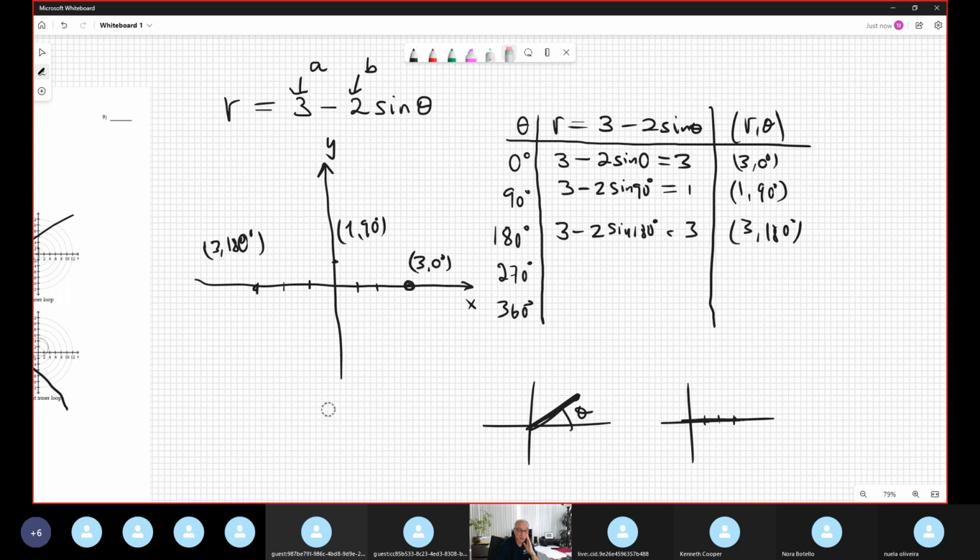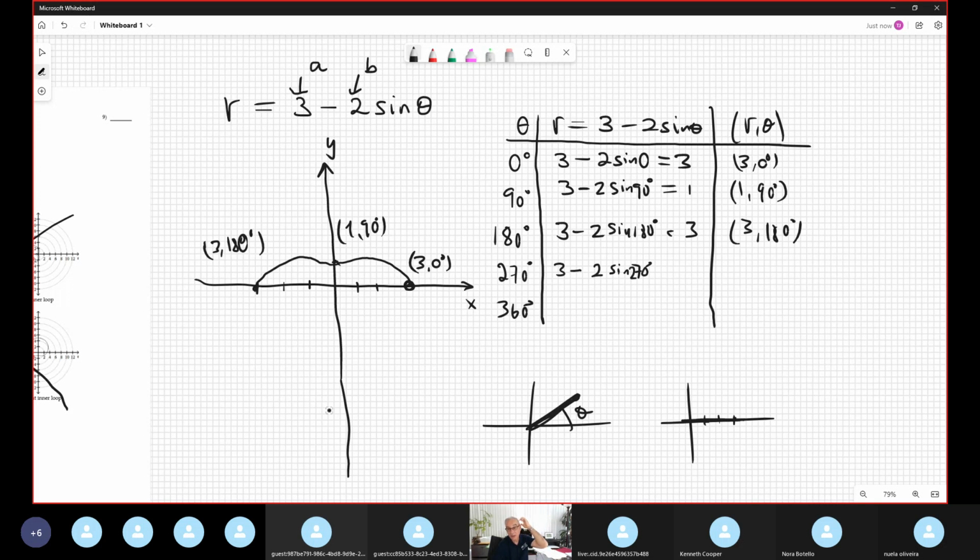Okay, so our limaçon approximately looks like that. I don't know exactly what's going on here. I need to see the part that's more clear. And 270 degrees is an important part, I suppose. It's 3 minus 2 sine 270 degrees.